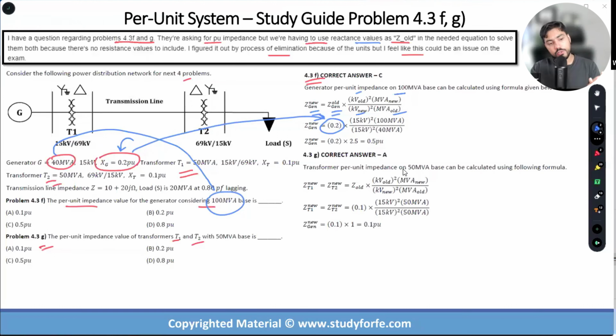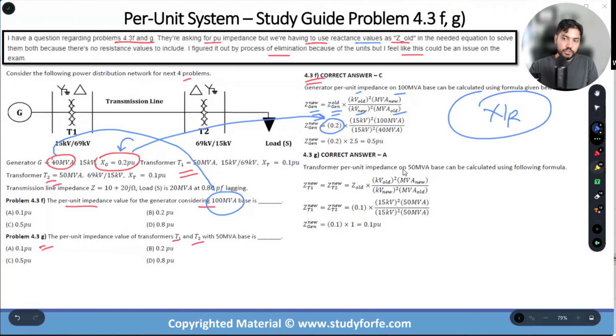And if the reactance is not mentioned, you would assume that the entire impedance is basically the reactance, correct? Because the X over R ratio of a synchronous machine, of an induction machine, especially synchronous machine, is extremely high. So the short answer to this question is that, yes, I did not explicitly call out 0.2 per unit as the per unit impedance of the generator, but that's what you are expected to make sense of.